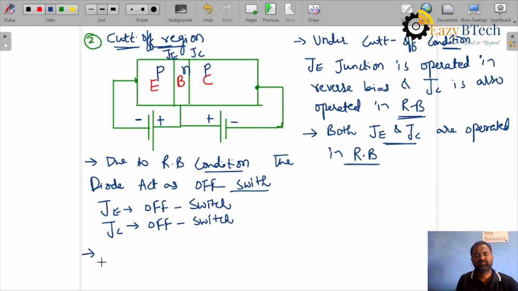We will say the BJT acts as an off switch in reverse bias condition.